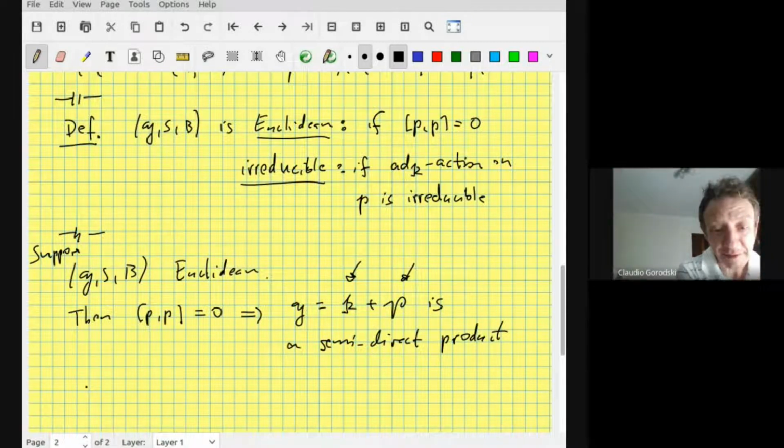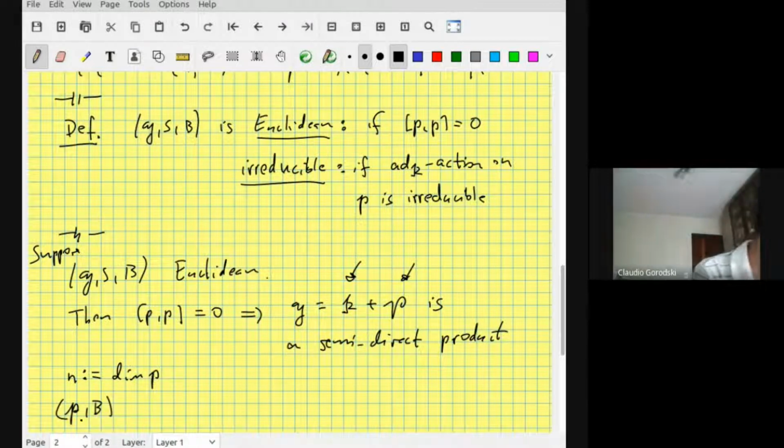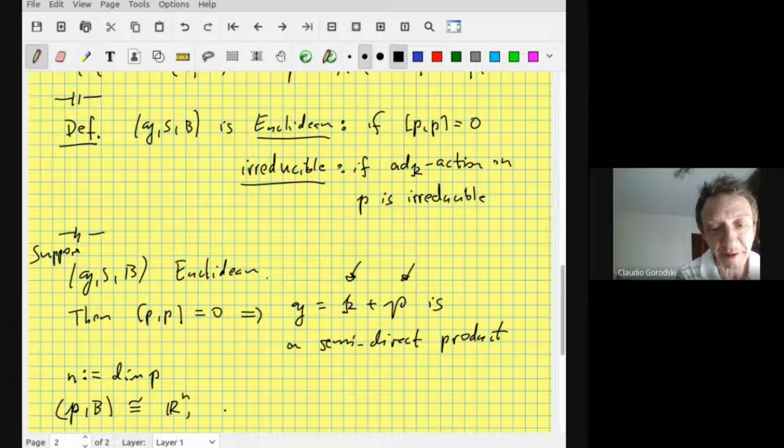Anyway, so let us put m the dimension of P. Then we can isometrically identify this with R^m, with the standard scalar product.